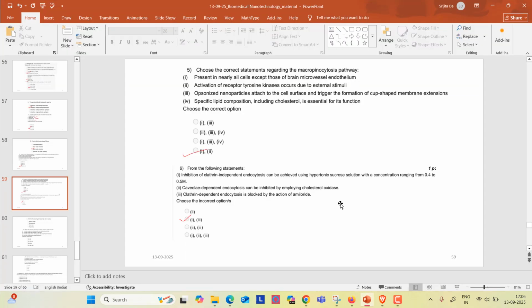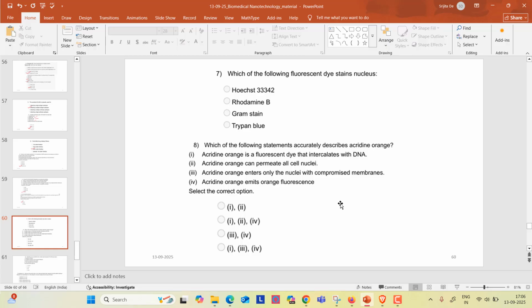Next, which of the following fluorescent dyes stains the nucleus? So tell me, which of the following dyes stains the nucleus? It is the first one.